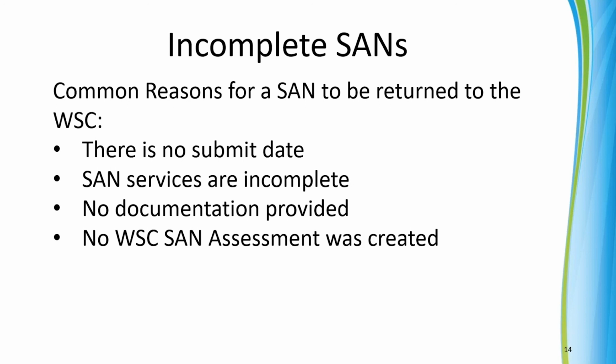If there's no submit date, we cannot complete the SAN. If SAN services are incomplete, and I'll show you what that means, it will be returned. If no documentation is provided, it will be returned. And if the WSC SAN assessment was not created, it will be returned.